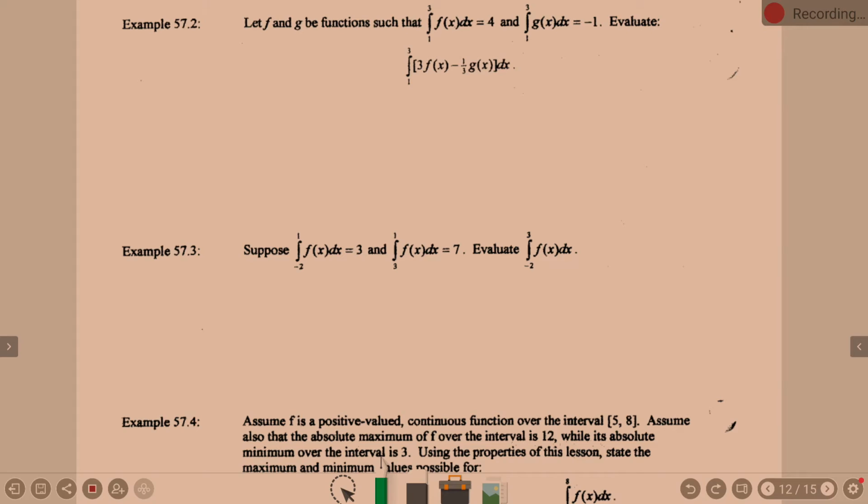I was going to say it's multiplying the integral of f of x on those parameters by 3, and then subtracting 1/3 of the integral of g of x. So couldn't we pull those two out, which would cancel, because it's a 3 and a 1/3, right? We're subtracting those pieces though.